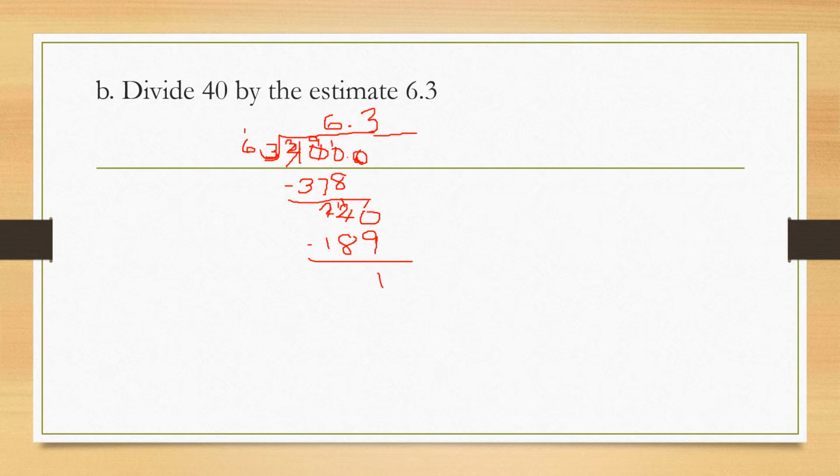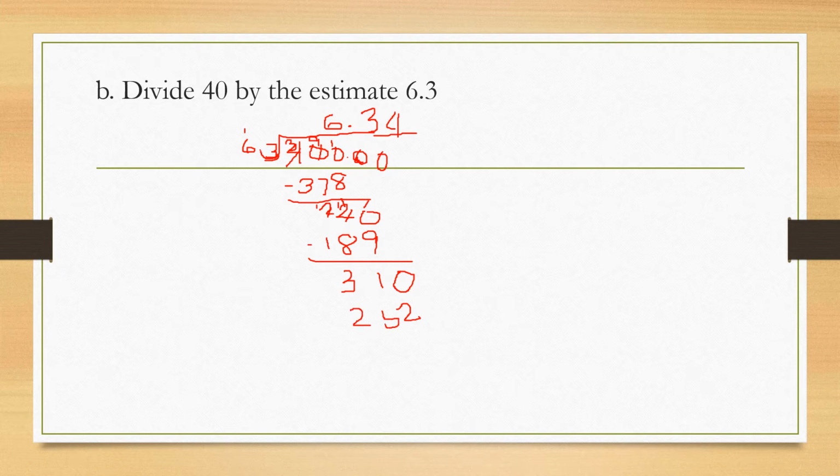Because we borrow, 11 minus 8 equals 3. 31 cannot be divided, so we can add another 0 here. So 310 divided by 63 equals 4. 4 times 3 equals 12, then carry 1. 4 times 6 is 24 plus 1, 25.